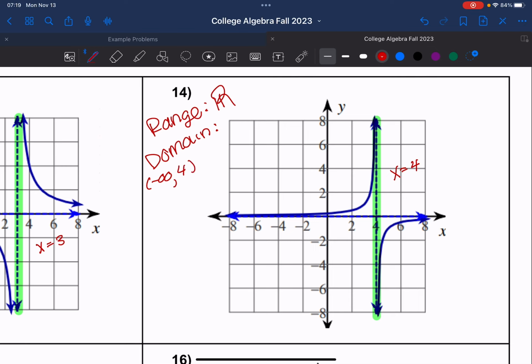And I put a parentheses, because parentheses means we're not including it. Union, and I start off with that number we're not including again, so 4, all the way to positive infinity. So again, this is just a way to say that the domain is all real numbers except 4.